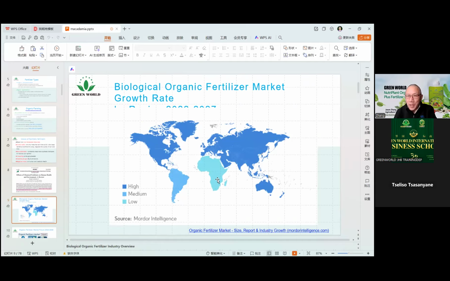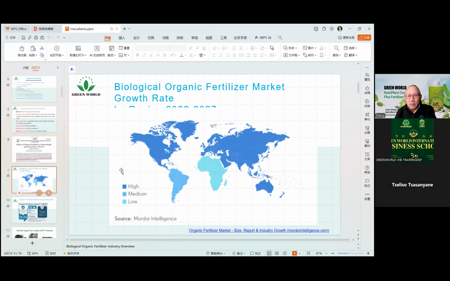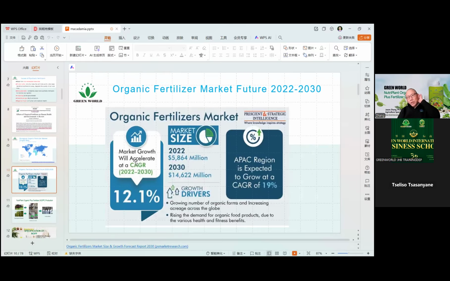You can go to the market because other people haven't entered. You are the only one, or one of only several. So you will get many opportunities, not to control the market, but to use the market. So this is the market in the future, a lot of potential. So our fertilizer, this is our fertilizer.